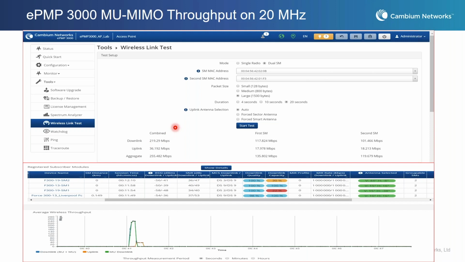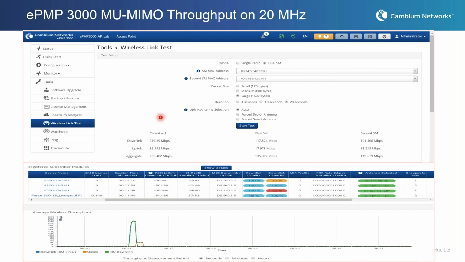If you remember, I mentioned that the ePMP 2000 and 1000 give you a maximum capacity of 200 plus Mbps, and that would be when you configure a 40 megahertz channel. With a 20 megahertz channel, which is half, normally you were supposed to get 100, but now with ePMP 3000, we are able to get double that capacity.